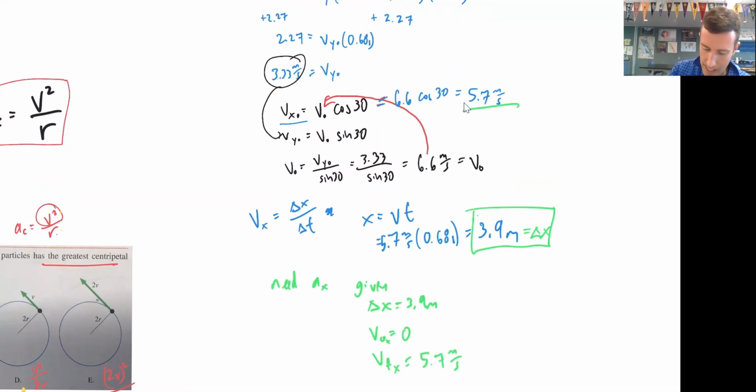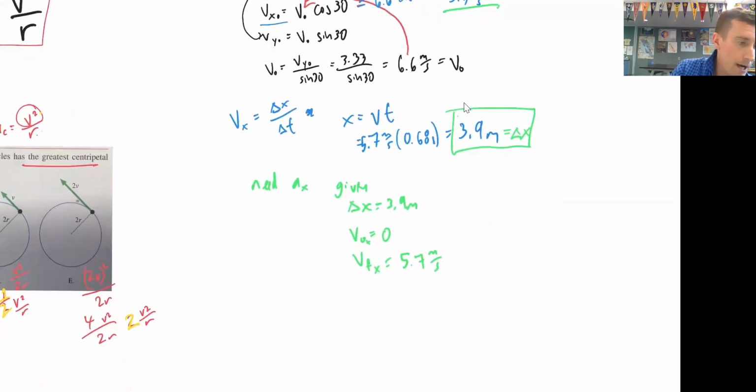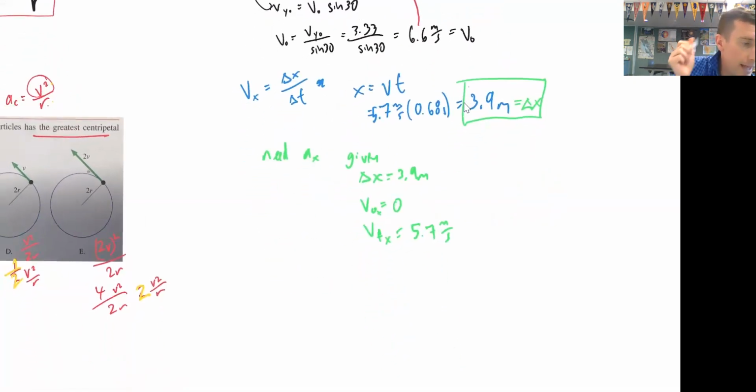So for acceleration, looking on my data sheet, that looks like the third equation. That's going to be v sub x squared equals v sub x0 squared plus 2a sub x times delta x. Let's plug in all of my values.